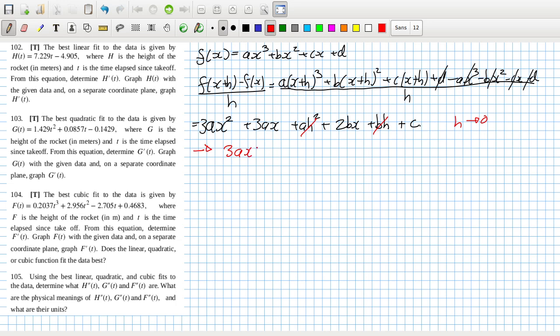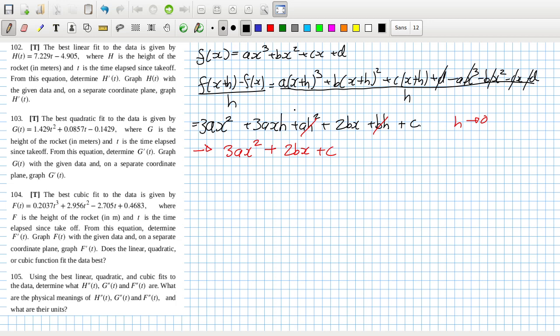3ax squared plus 2bx plus c. Now I've done something wrong here because I was expecting that to go. I lost an h there, because that's x cubed plus 3x squared h plus 3x h squared.